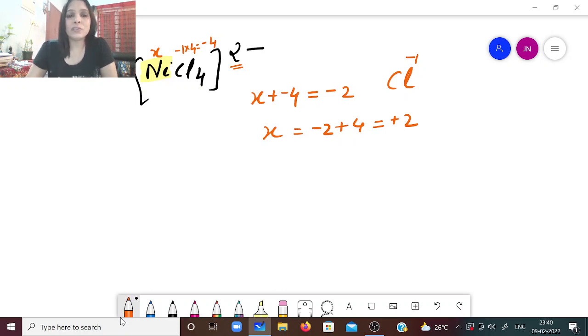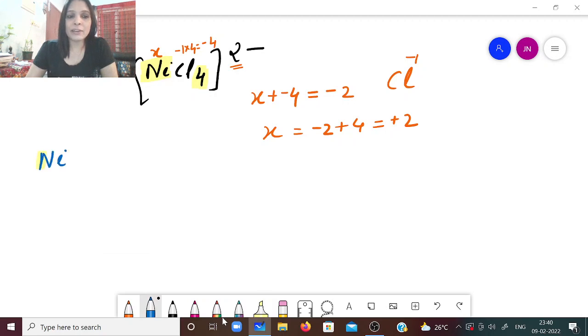Now, what is the next step? You should understand that nickel's coordination number here is 4. So the next step is to find out the electronic configuration of nickel, then nickel 2+. First we will write the electronic configuration of nickel.